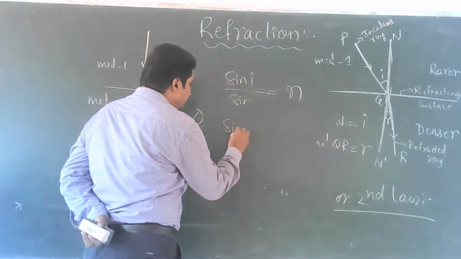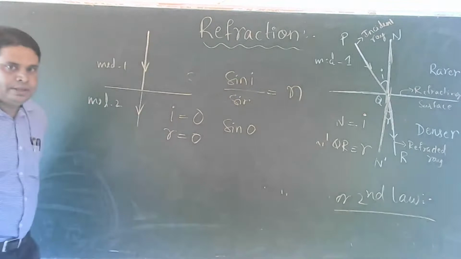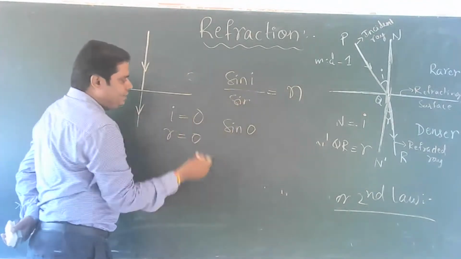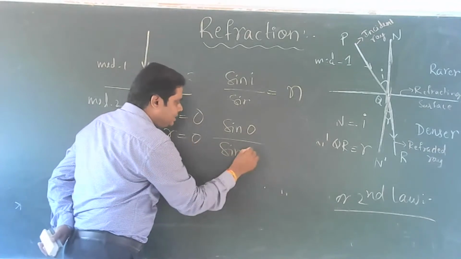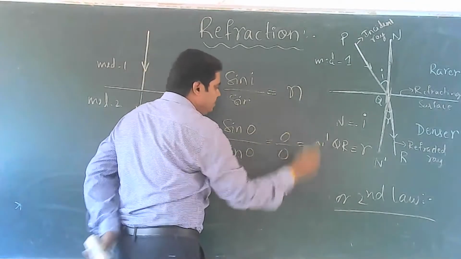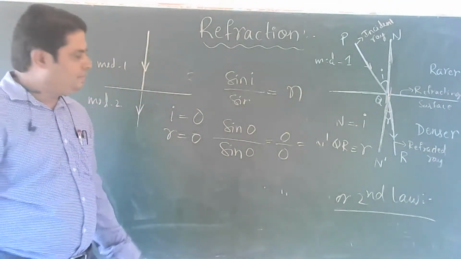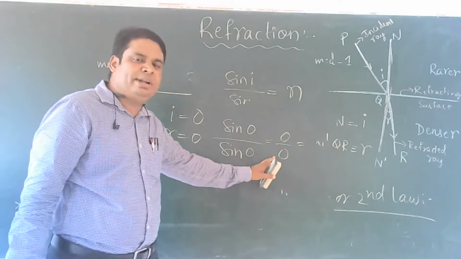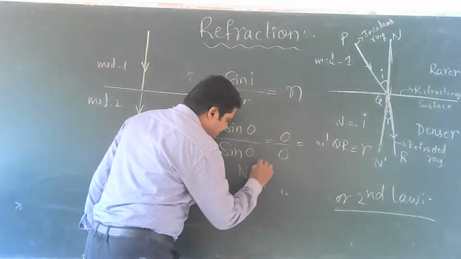Whatever. Now, i is 0, so sin 0 divided by sin r, which is also sin 0, is 0 by 0, which we know is not defined.